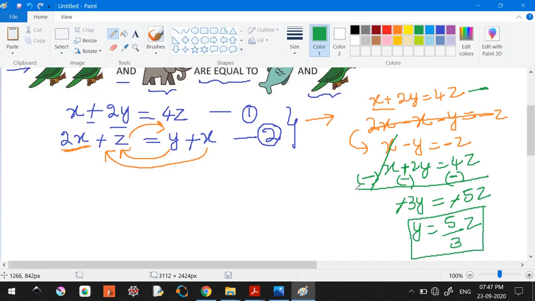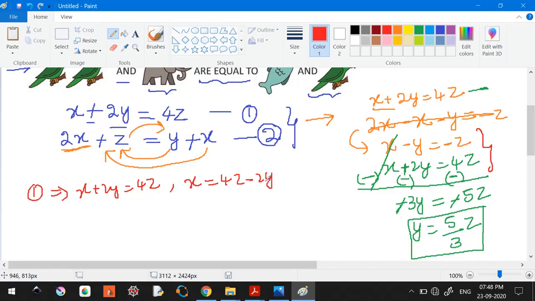Or if this is not making sense to you, let me do one thing. You have X plus 2Y is equal to 4Z from the first equation, right? So let us eliminate. Let us do X is equal to 4Z minus 2Y.